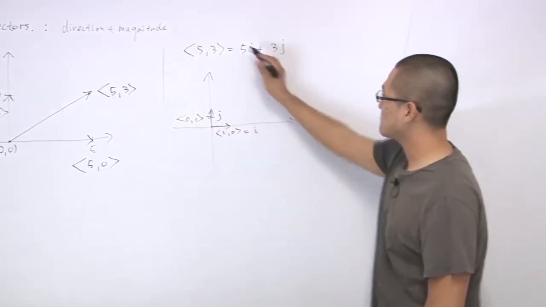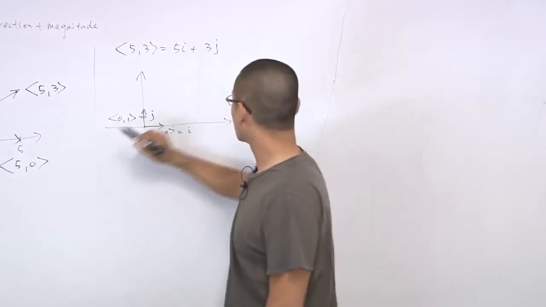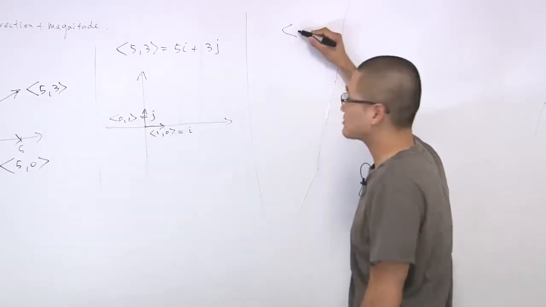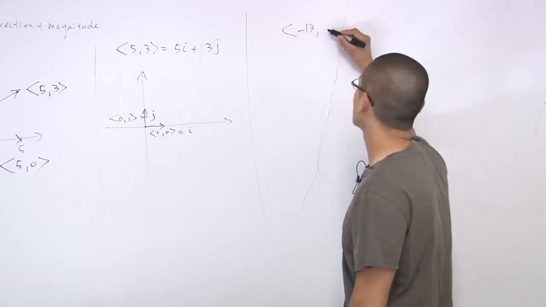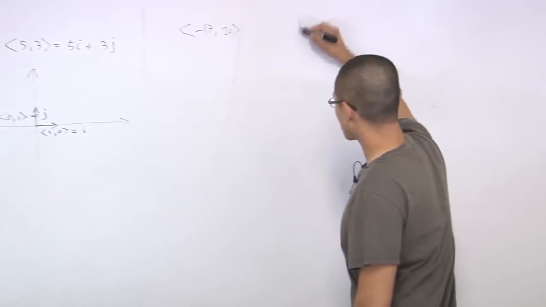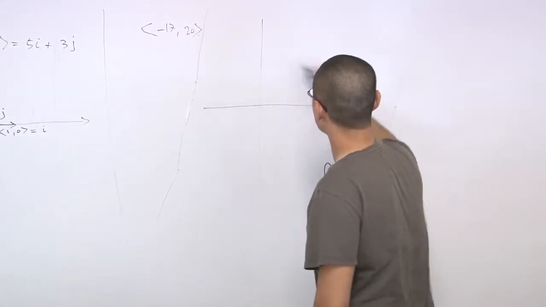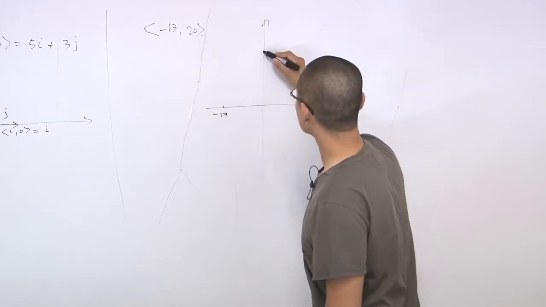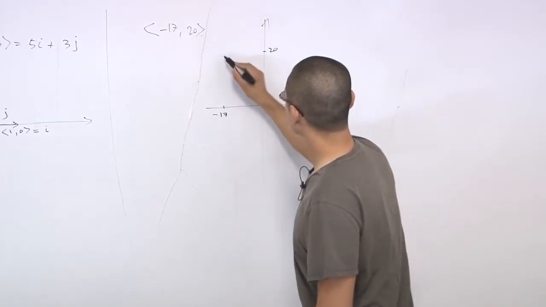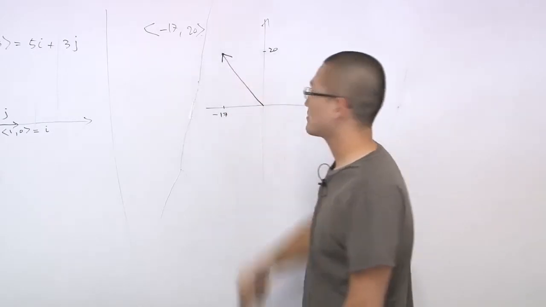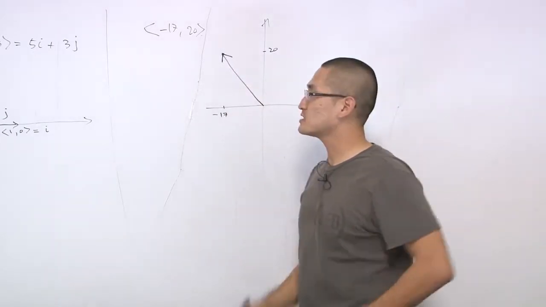So whatever number you have, let's say another example would be some extreme number, negative 17 and 20, right? This is really talking about, let's make it short, minus 17 is here, and 20 is here. Then I am picking out this point, and going from the origin, I'm going to make an arrow out of that, right? So that's a vector.